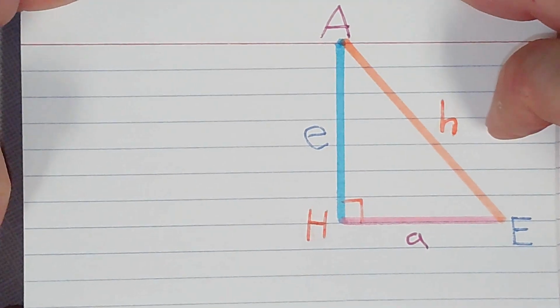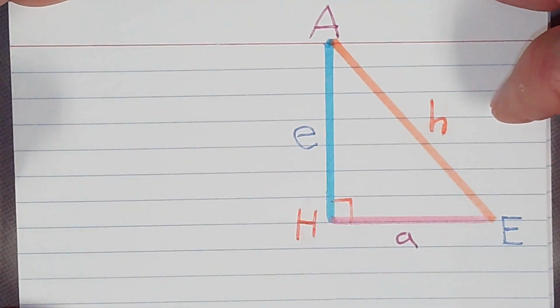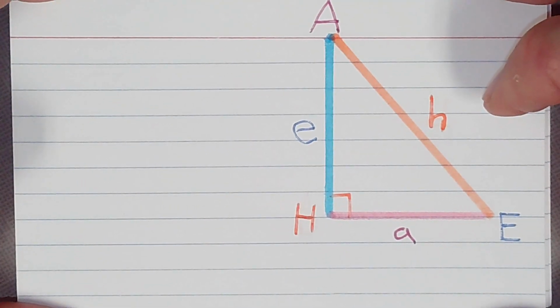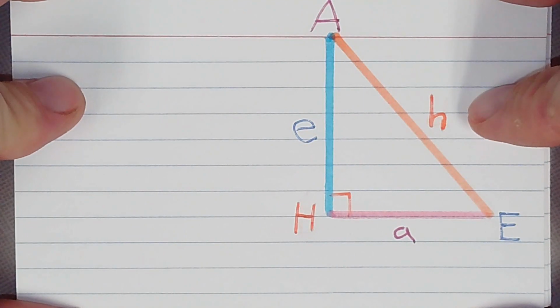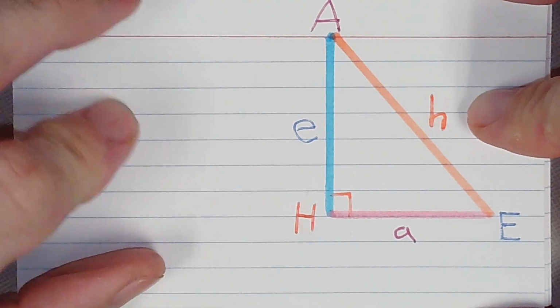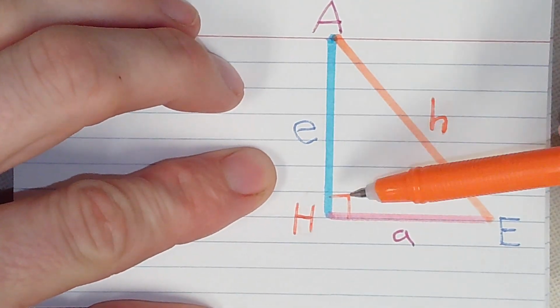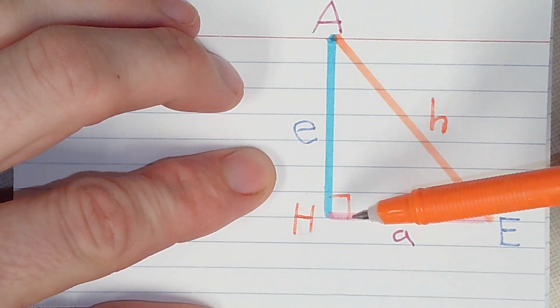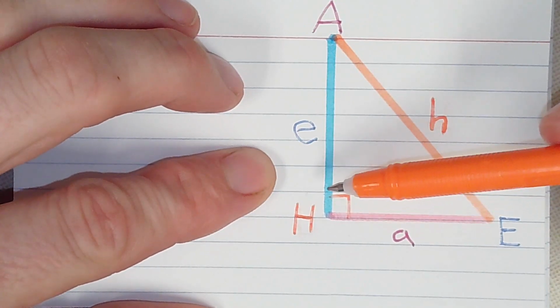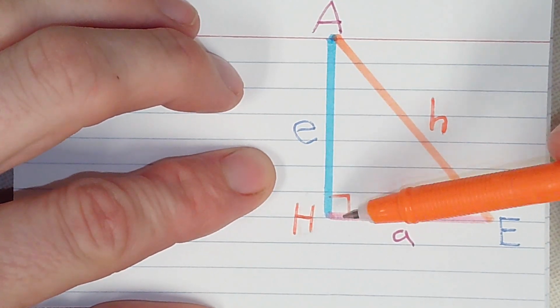Okay, so first let's talk about these trigonometric functions. They're simply just ratios, right? If I have a right triangle, this right angle is the same for every right triangle.